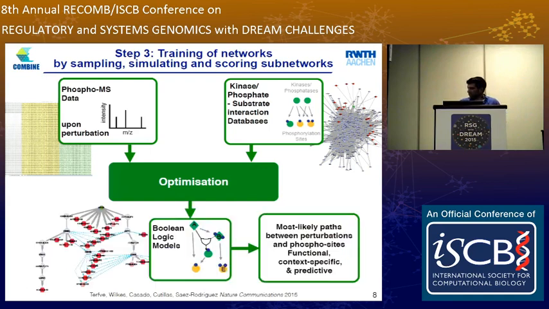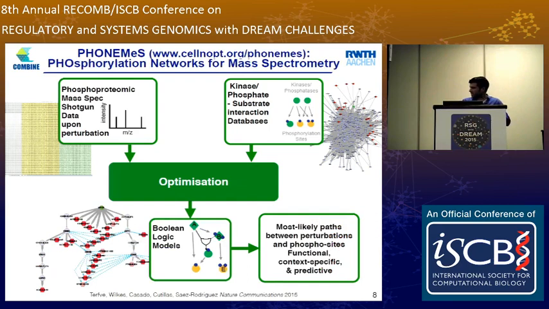So what this process provides us at the end of the day is a Boolean logic model of a large kinase substrate network that provides the most likely paths that connect the perturbations, either ligands activating pathways or drugs blocking specific kinases, and all the phosphosites on the proteins downstream of these perturbations in the cell. And these links are functional and causal, in that they tell us how you go from a perturbation down to the change in the phosphorylation site.